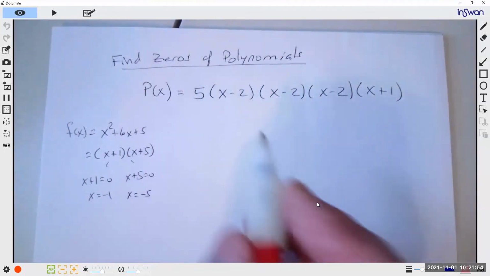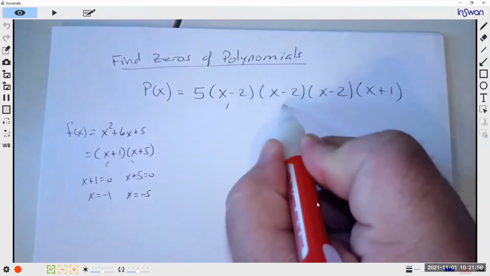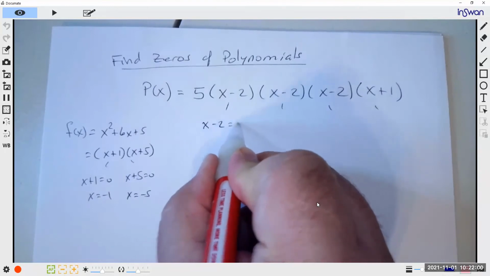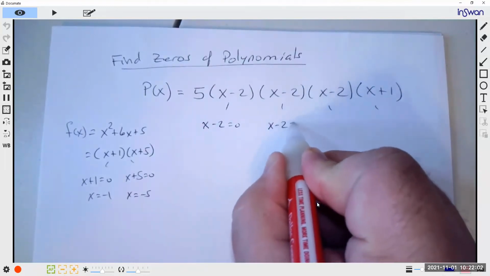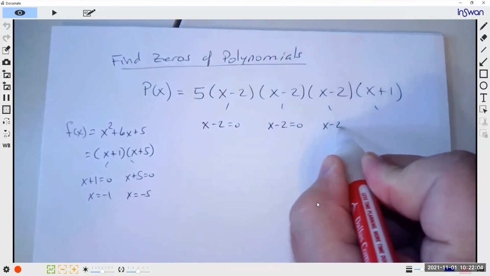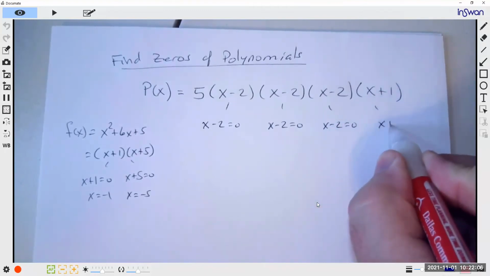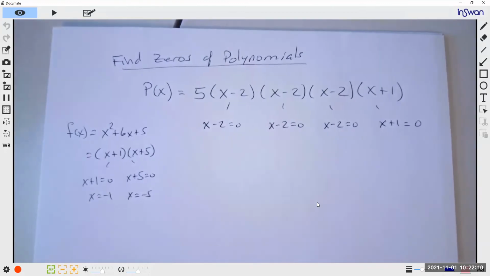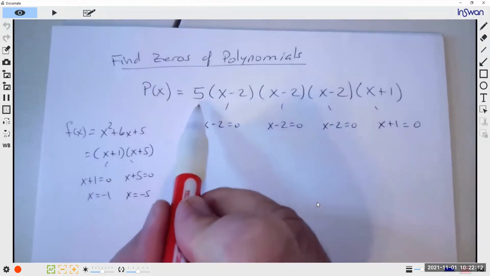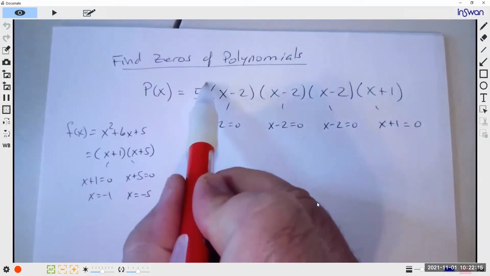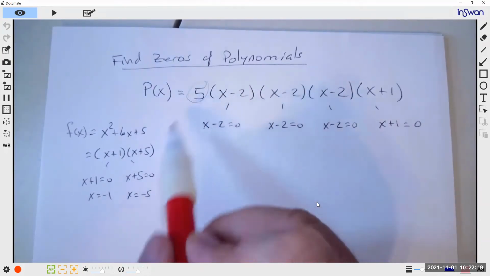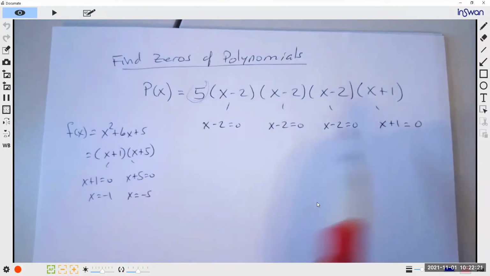So to find the zeros of this equation, we take each of these factors and set them equal to 0. Now, very important note: this leading term here, since it's a constant, doesn't affect anything with our zeros.